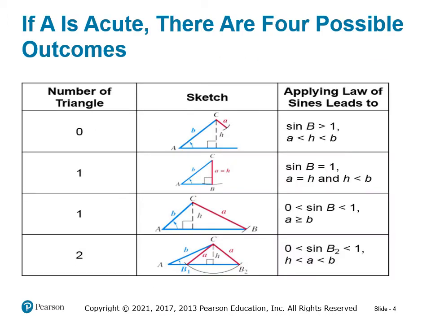So what happens is the measurements that are given can be such that it causes the sine of B to be greater than 1, which is impossible. And if you look at the diagram, here we have a measure of A that is so small that it will not allow us to close the triangle, okay?